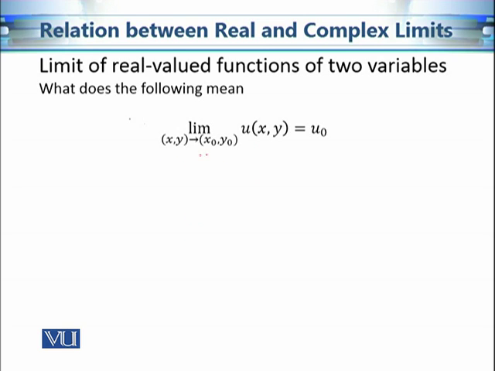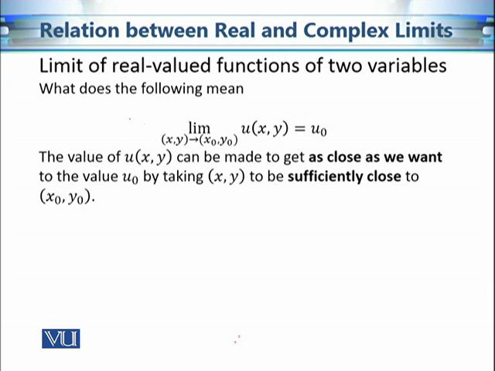So we want to understand this limit. Of course, we will restrict ourselves to a function of two variables. Now, what does this limit mean? The limit means that whenever x y approaches this point x0 y0, then the functional values u of x y approach u0.